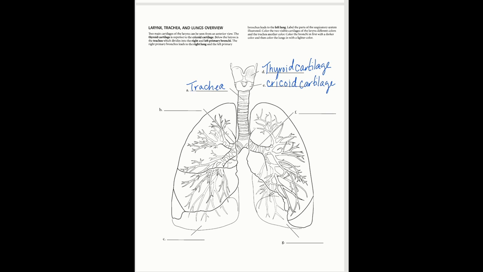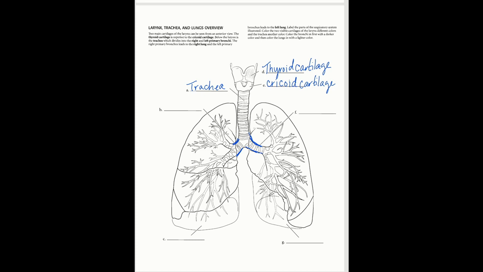And now that we've got the lungs cut away, we can finally see the primary bronchi. That's where the trachea branches off into what we call the bronchi, or bronchus if you're talking about just one.